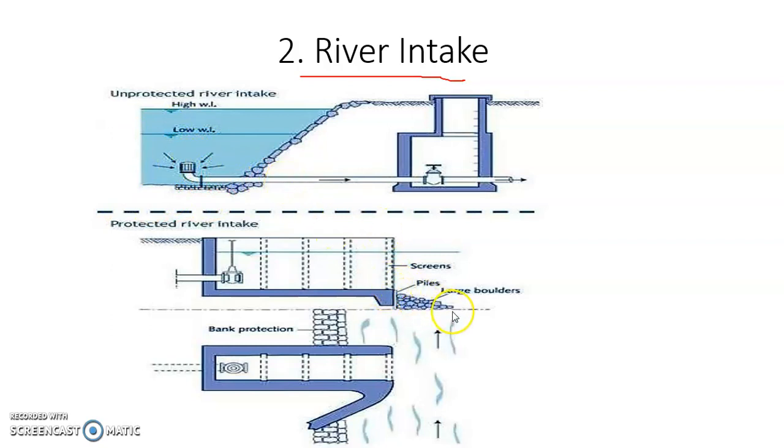These screens will remove the large boulders, large pieces of logs, the larger impurities present in water, and will not allow them to come to this bell mouth structure, so that there is least burden on the coarse screen which is placed on this structure. So if these screens are placed, then it is a protected river intake. It is more preferable as compared to an unprotected river intake.